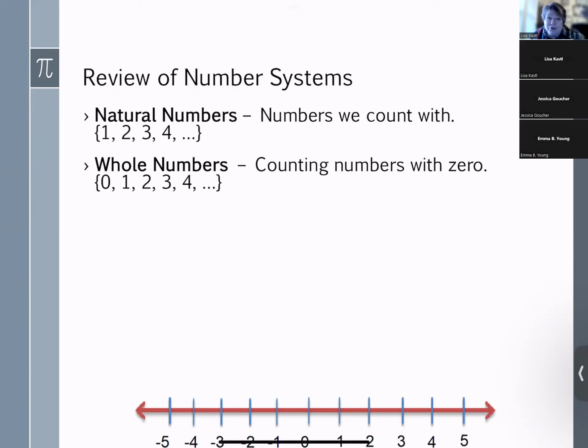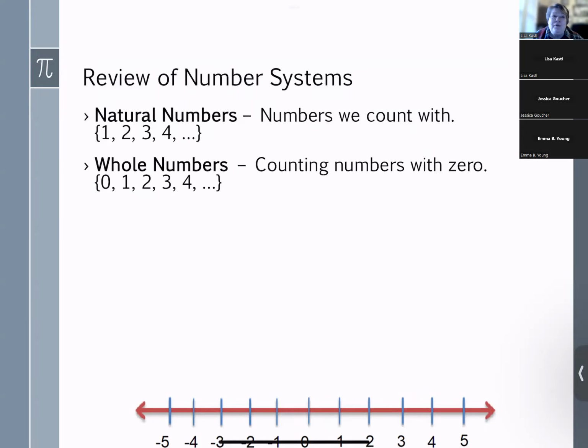The natural numbers are a subset of the whole numbers because they are completely contained inside the set of whole numbers. As we've discovered in the last week or so, we need the concept of negatives, especially if you measure temperature in Celsius, which we'll talk about at 11 o'clock.